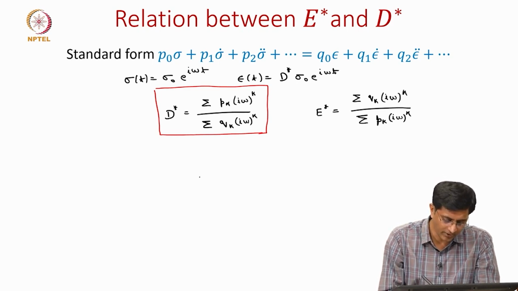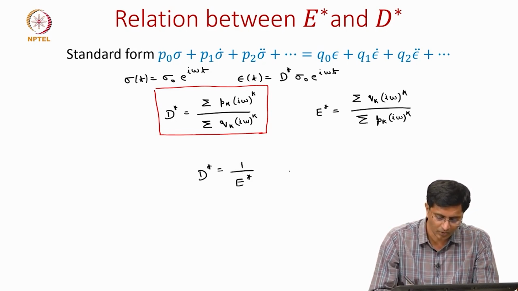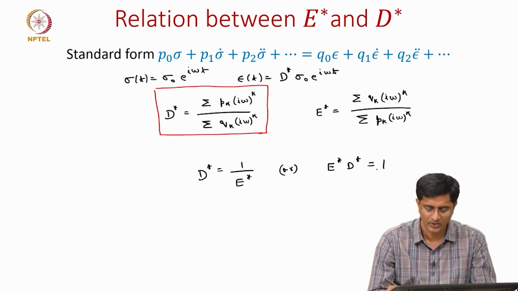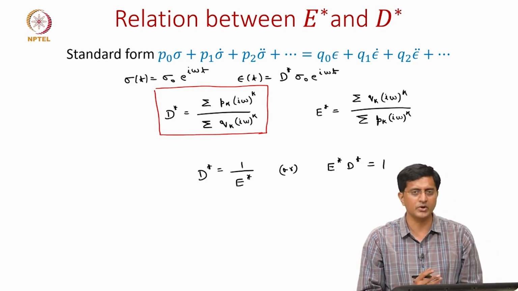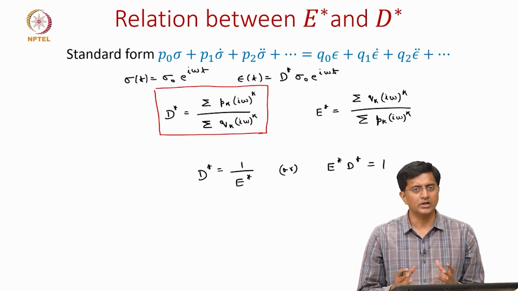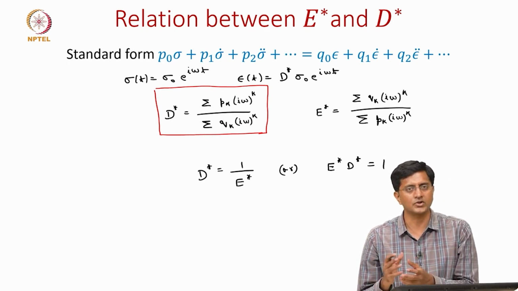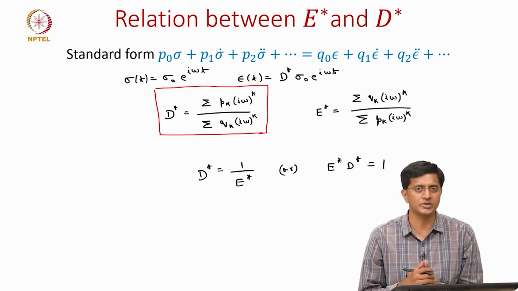So, in fact, we can write that d star is 1 by E star, or the same thing can be written as E star times d star equals 1. So, this is an important observation, because later we will see it allows us to go from the complex modulus to the complex compliance easily, because we know the expression relating both of them.